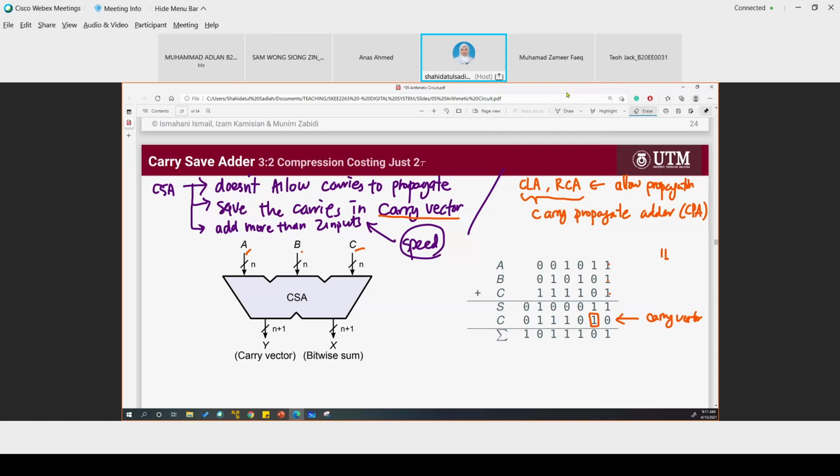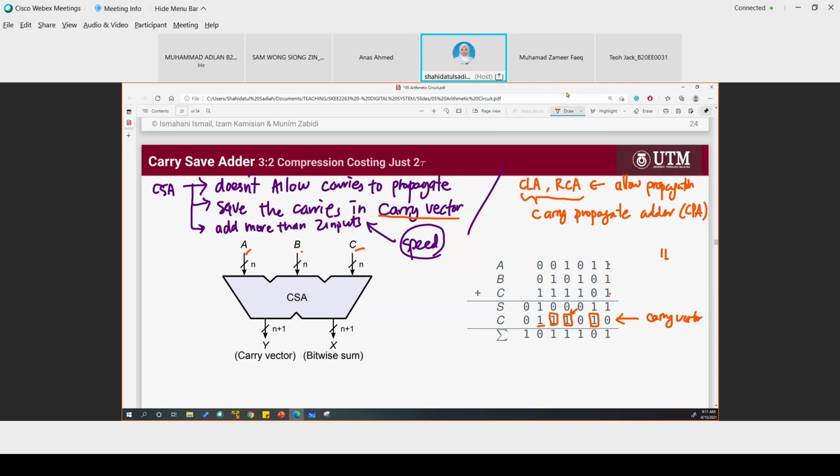Right? Then next, 1, 0, 0 add up. So 1, 0, 1, 1 is 2. So the sum is 0. And then the carry is saved here. Right? Then next, 1, 0, 1, that is 2. So sum is 0, carry is 1. Carry is saved here. And 0, 1, 1, that's also 2. Sum is 0, carry is 1. And then 0, 0, 1 is 1.